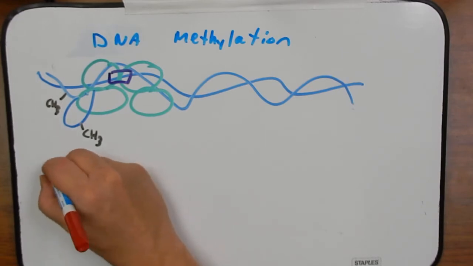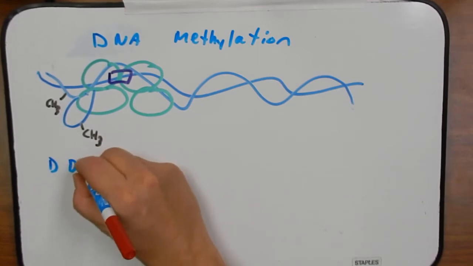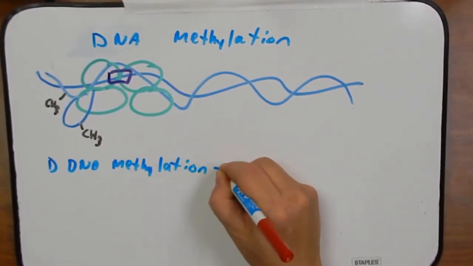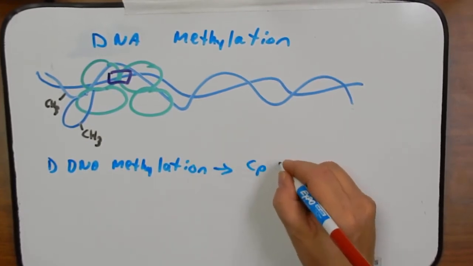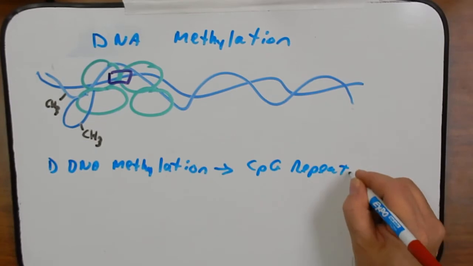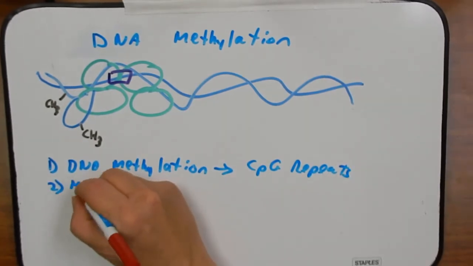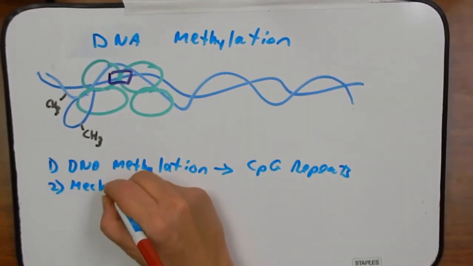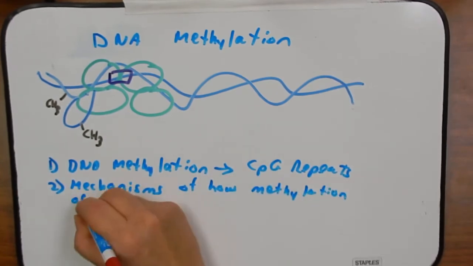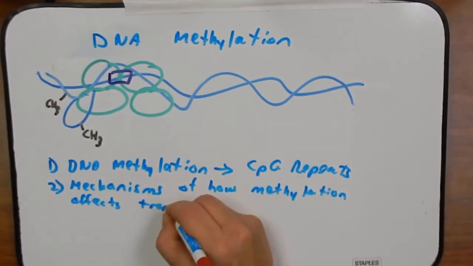So we're going to begin by talking about some of the basics of DNA methylation, what it is, where we see it, and in this discussion we're going to talk a lot about CpG repeats or islands of CpG repeats. Then we're going to talk about 4 different mechanisms of how methylation of the DNA affects transcription.